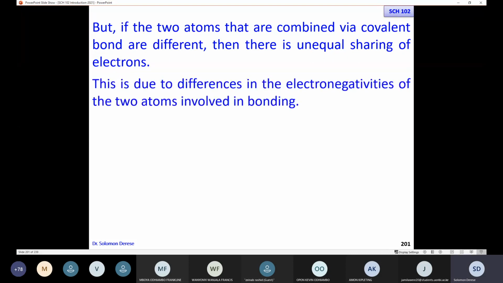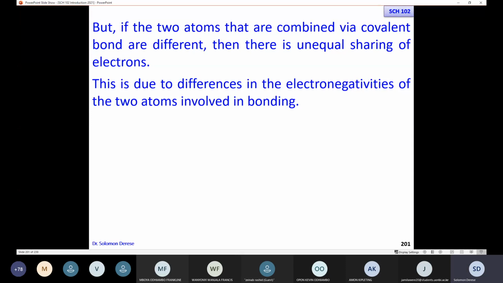And the reason why one of the elements will have a larger share of electrons than the other is because of their electronegativities.